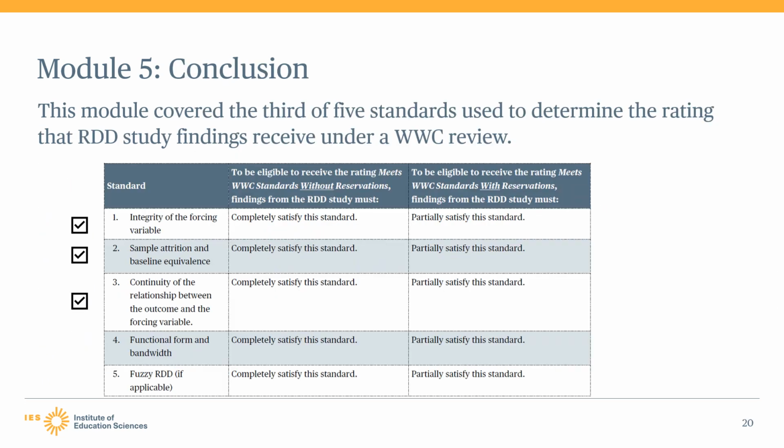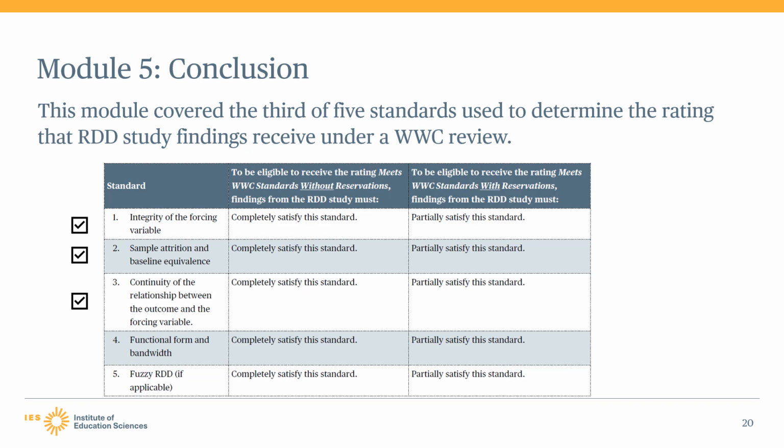Recall that there are 5 total standards that determine a study finding's research rating. You are now familiar with 3 of the 5 standards. For a study finding to receive a rating of meets WWC standards without reservations, a study must completely satisfy the continuity standard. For a study finding to receive a rating of meets WWC standards with reservations, it must partially satisfy the continuity standard.